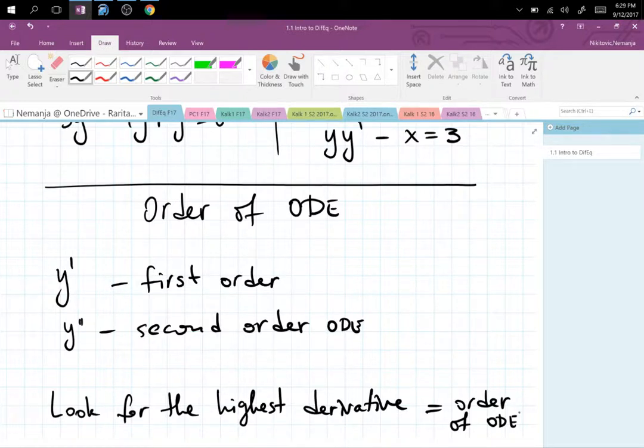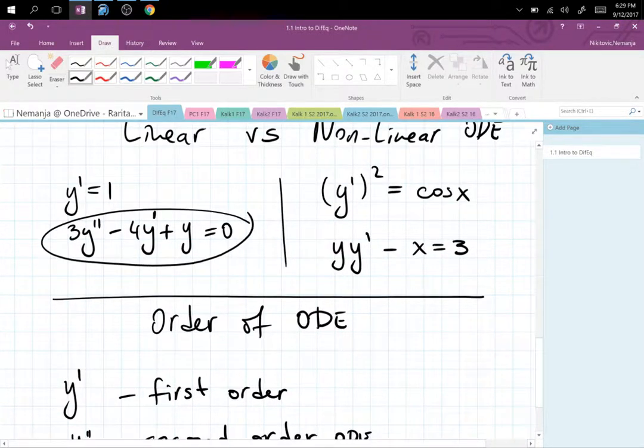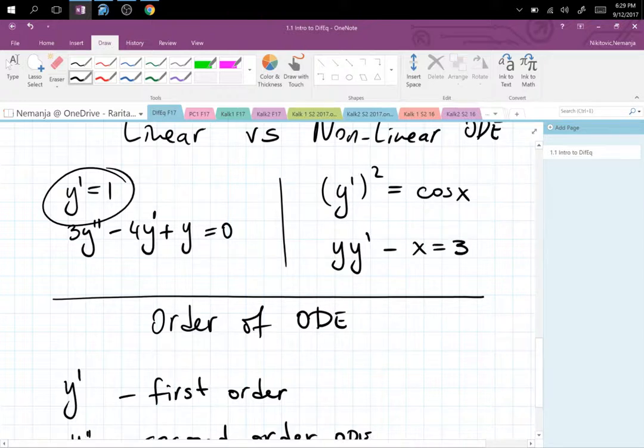You said the function is, what's the function? The zeroth derivative? Yes, the function is the zeroth derivative, and then you have the first and the second and the third and so on. The highest order of the derivative you have is going to be the order of the differential equation. Therefore, the order of this differential equation is second order linear. This one will be first order linear.